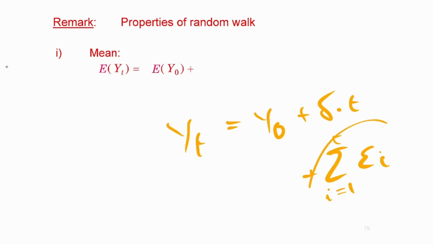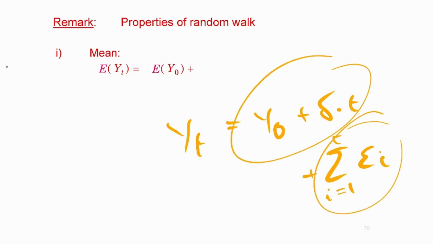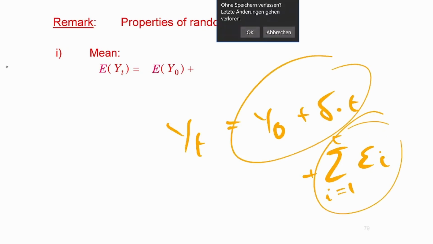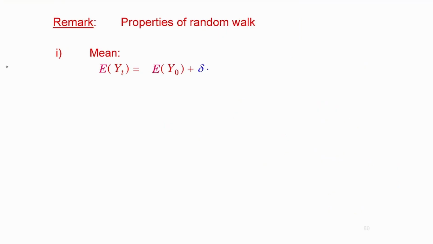Let me start from inside. The noises have expectation 0, so the sum of zeros is going to be 0. That will have an expectation of 0, and that will be the expectation of the model. So the expectation of the starting value plus the trend. That is the expectation of the random walk.